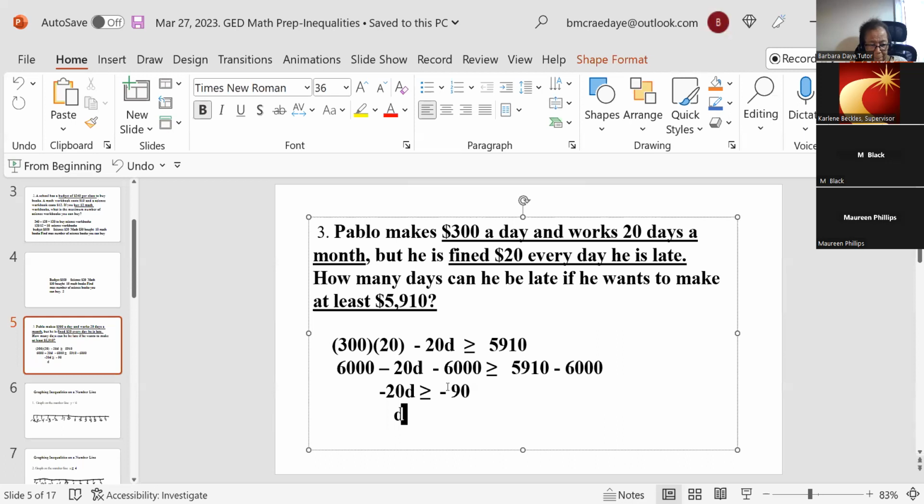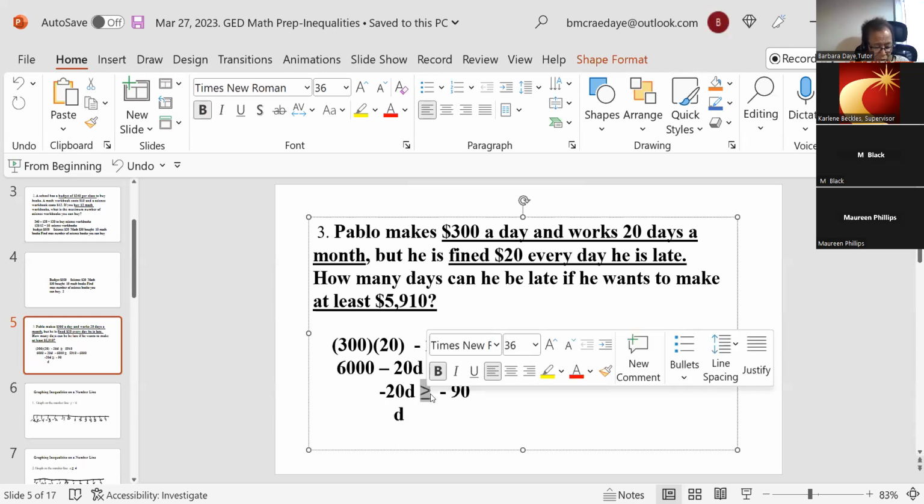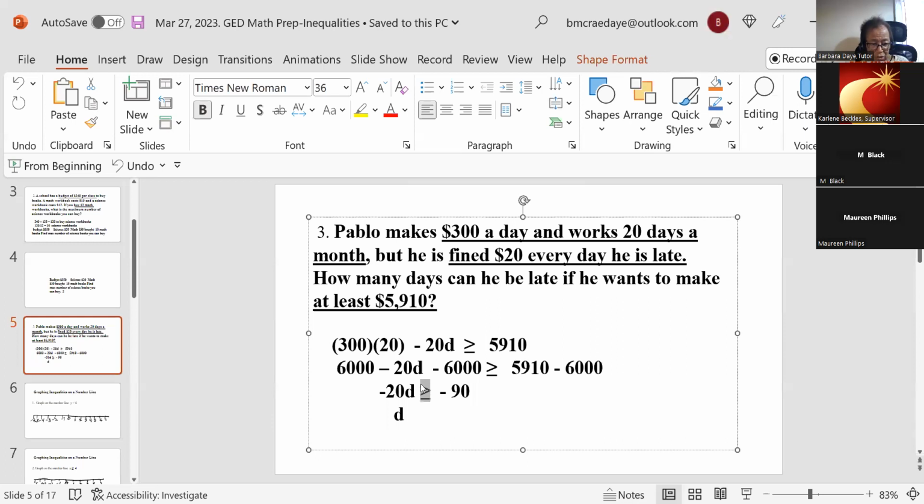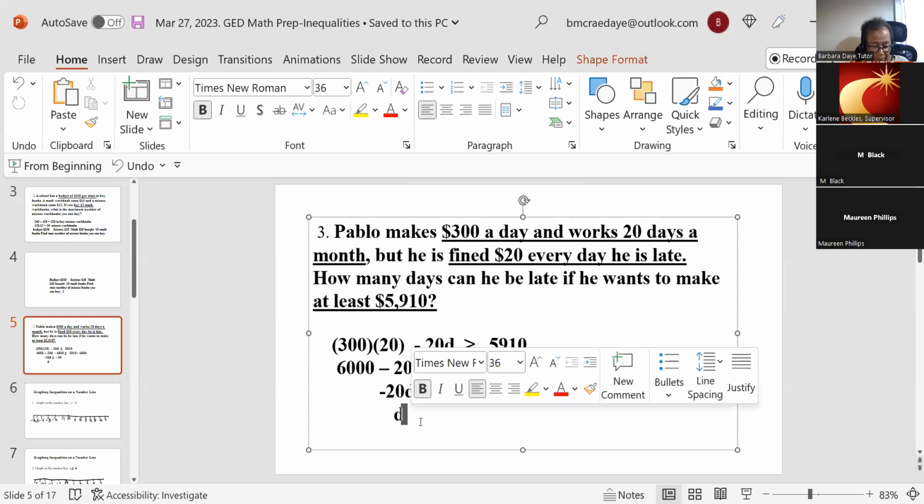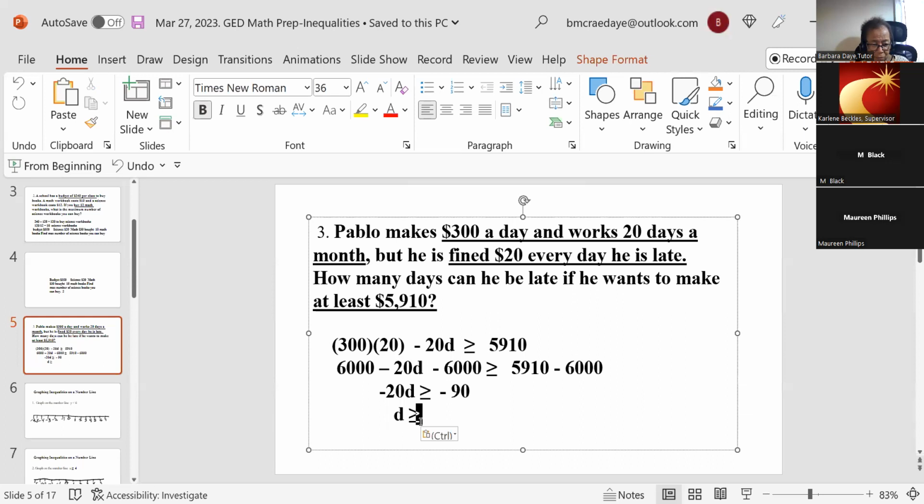D. And let me just put this here. Of course, you got to change this because you're dividing by negative, right? So minus 90 over 20 is what? 4.5. Yeah, minus 90 divided by minus 20.